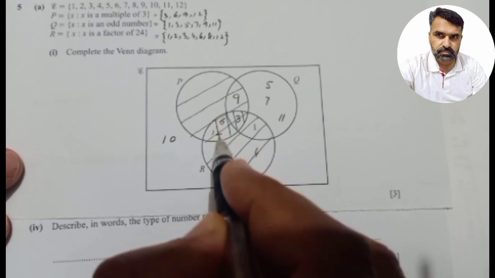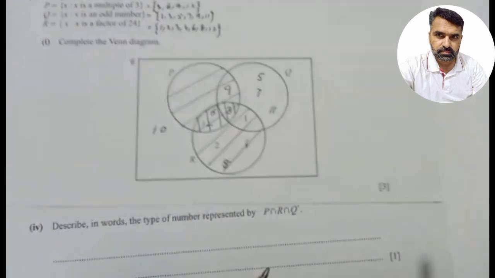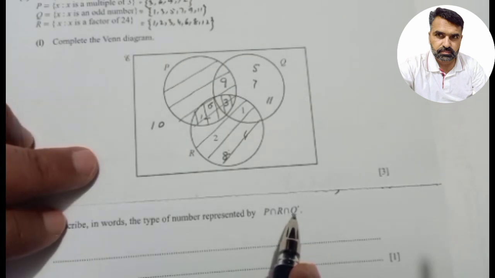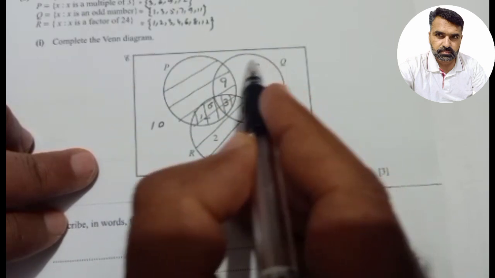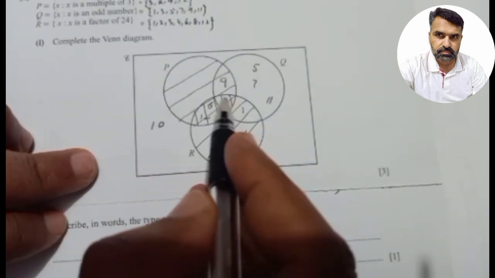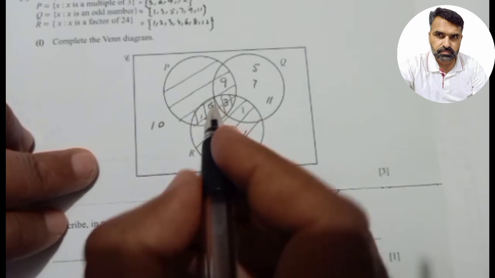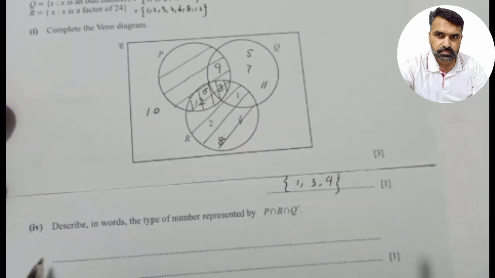And students, then we have to find the entries that intersect with Q complement. Q complement means that we have to cut out Q from the universal set, and when we cut this circle, the remaining entries will be 6 and 12. So students, the entries are 6 and 12.